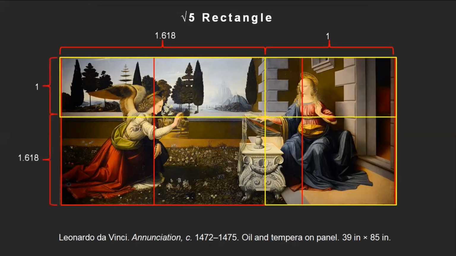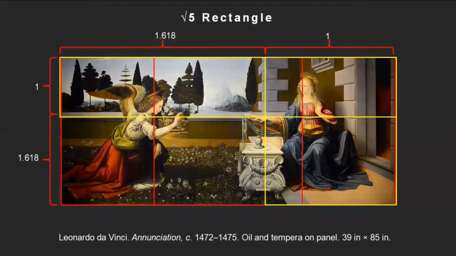He's doing the same thing with the top section of the painting in comparison to the bottom section of the painting, maintaining that proportion of 1 to 1.618. This divine proportion, which is relevant in regards to the subject matter.